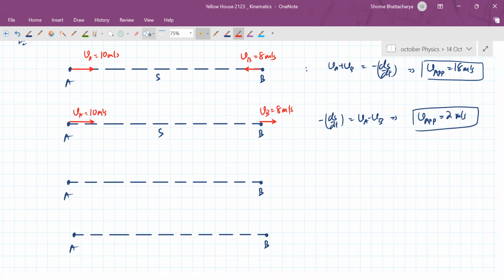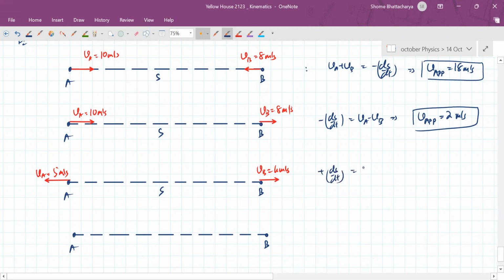But likewise, for example, if you have a situation where A and B are moving in opposite directions, then you can see the distance between them is increasing with respect to time. They're having a separation velocity of 9 meters per second.